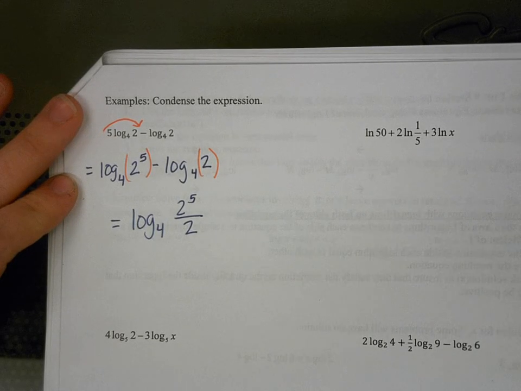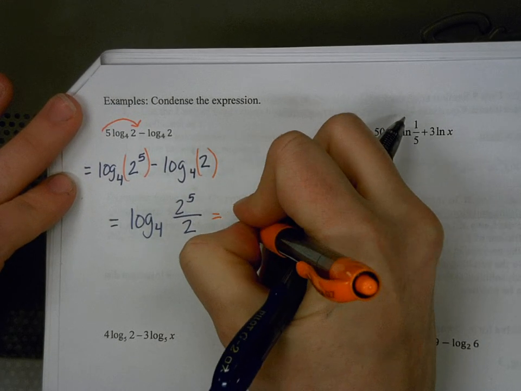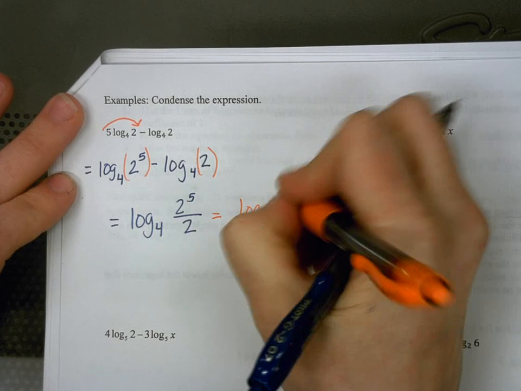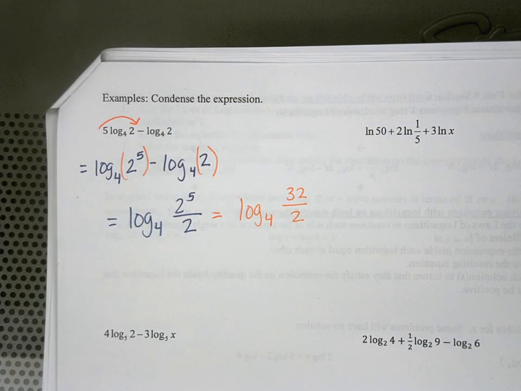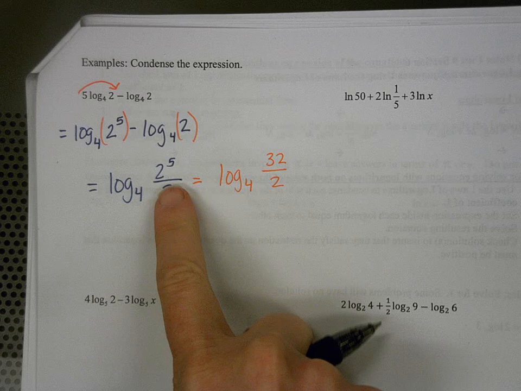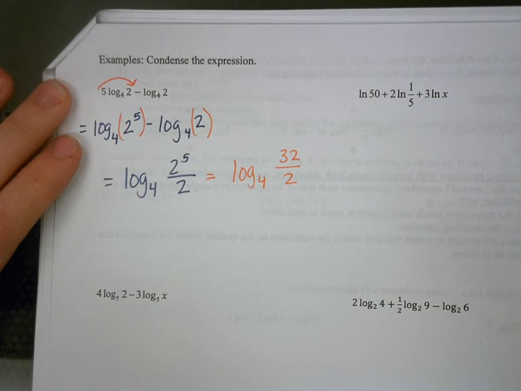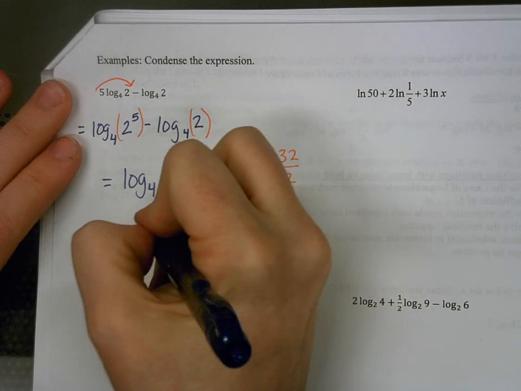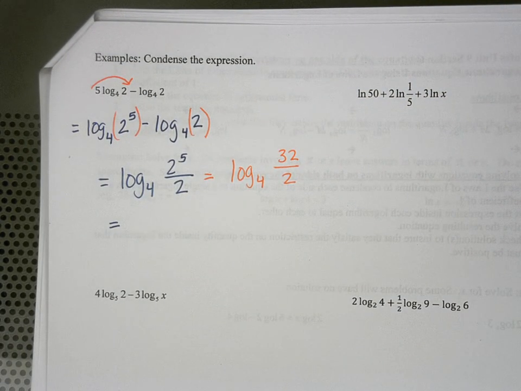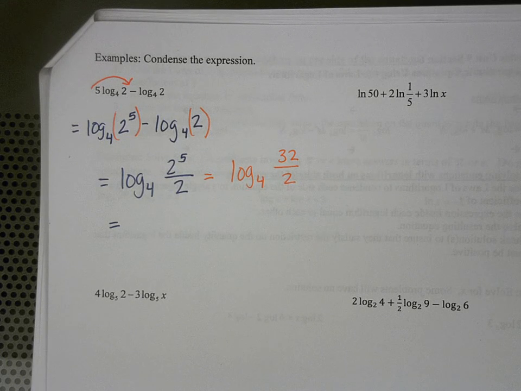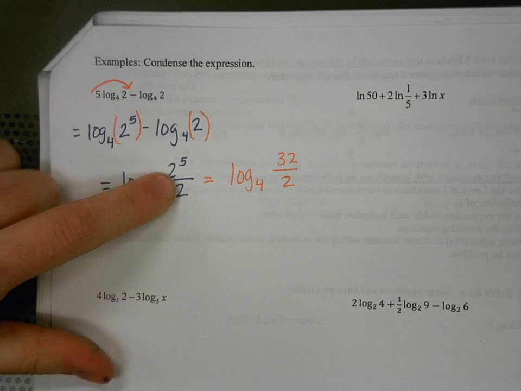Now, we could write this as 32 over 2, and that's fine as well. So 2 to the 5th is 32. What is 32 divided by 2? So hopefully you said 16. You can, right here, subtract exponents as well.